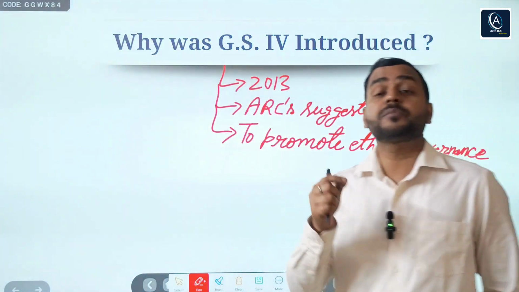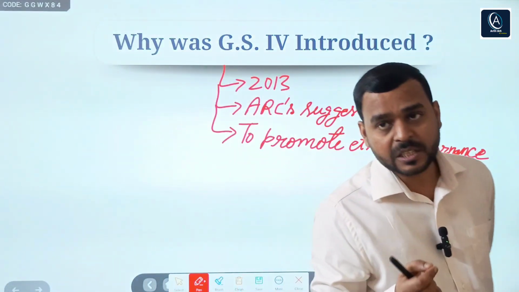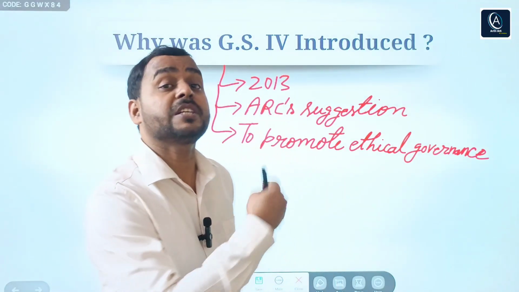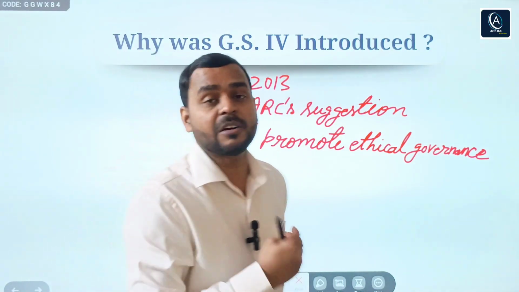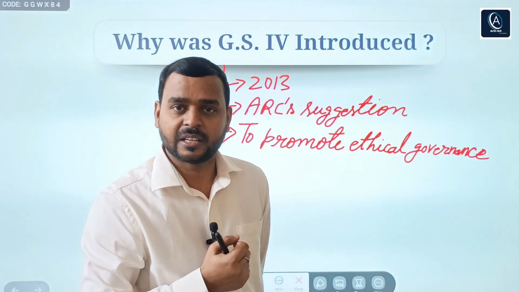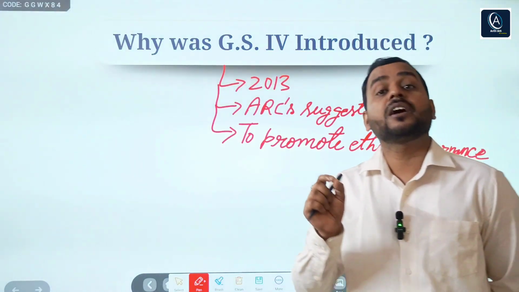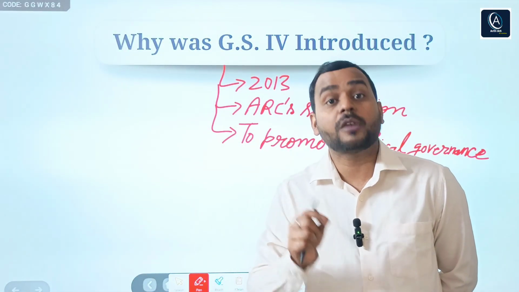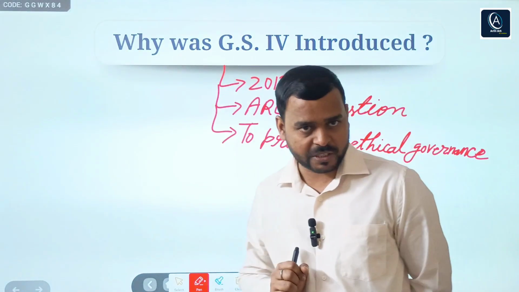Certain challenges means there are corruption, nepotism, red tapeism, lack of transparency, lack of accountability. All these issues are there. So to promote ethical governance, this paper was launched. It also tests your honesty, integrity, and other values like empathy, compassion, objectivity. All these are tested in this paper.